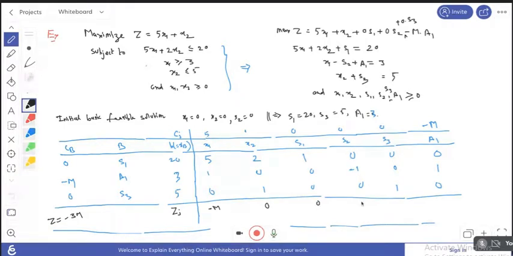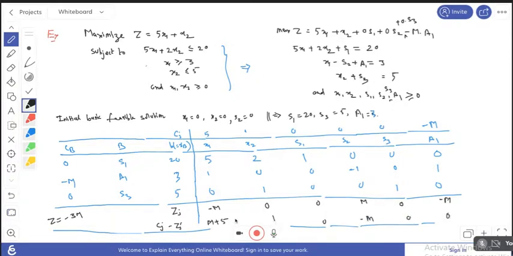Multiply here, minus M plus minus 1, this is plus M. Here 0, here minus M. Now what is the value of cj minus zj? 5 minus minus M, this is M plus 5. For x2 it is simply 1, then 0, minus M, 0, and 0.